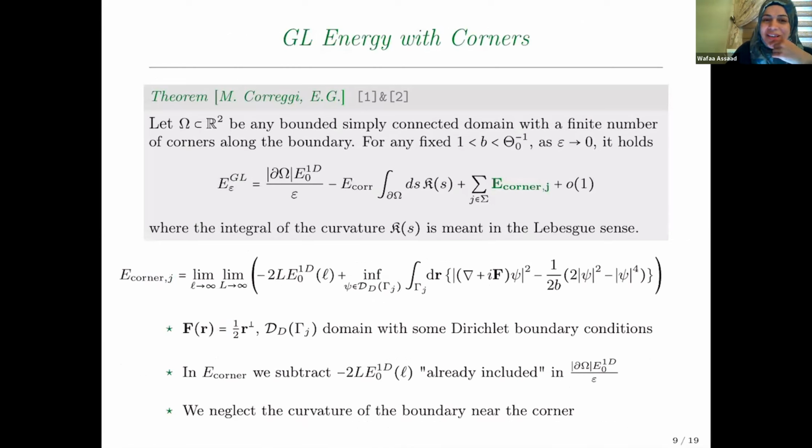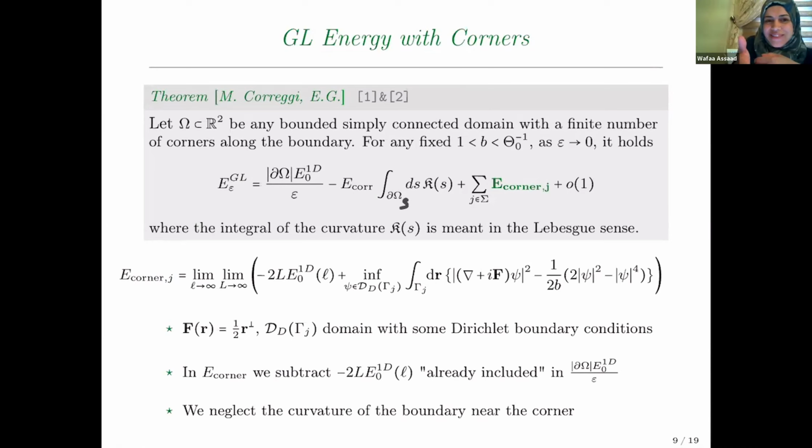I was thinking, what if this contribution coming from the corners is just an illusion, and in this next leading order term there's some hidden relation between E core and E corner that could cancel this E corner contribution?